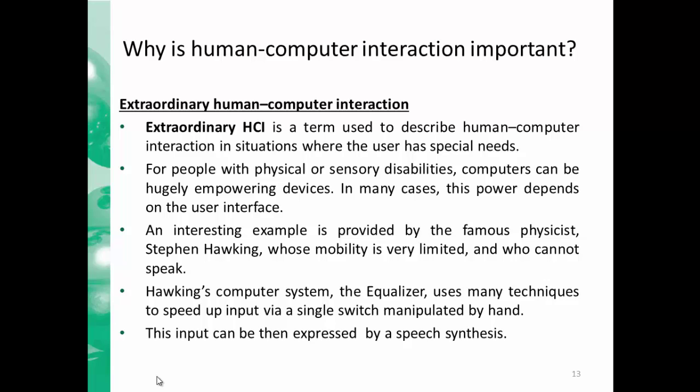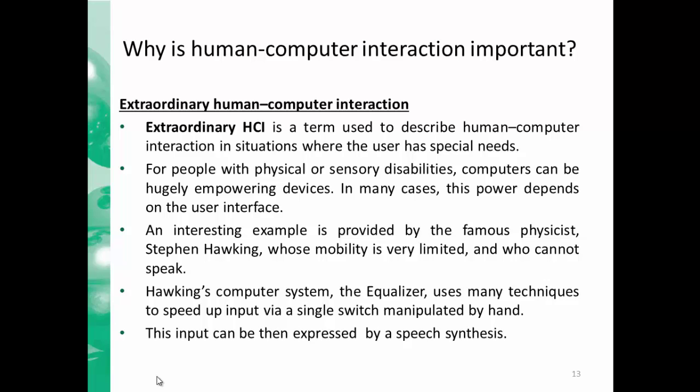Now, a very important feature of human-computer interaction is its support for extraordinary human-computer interaction. What we call extraordinary HCI is a term used to describe a human-computer interaction in situations where the user has special needs. So when the users are having special needs, they will not be able to use the normal interface.